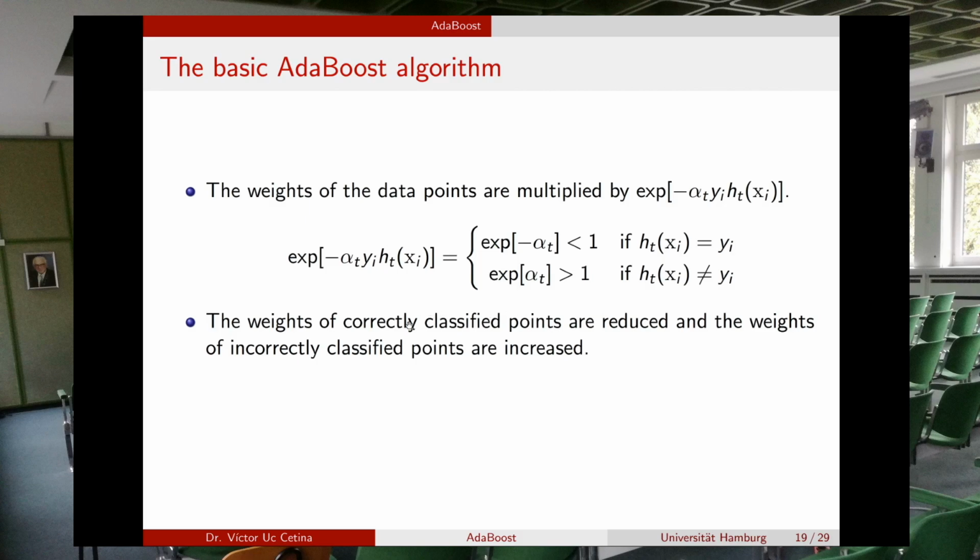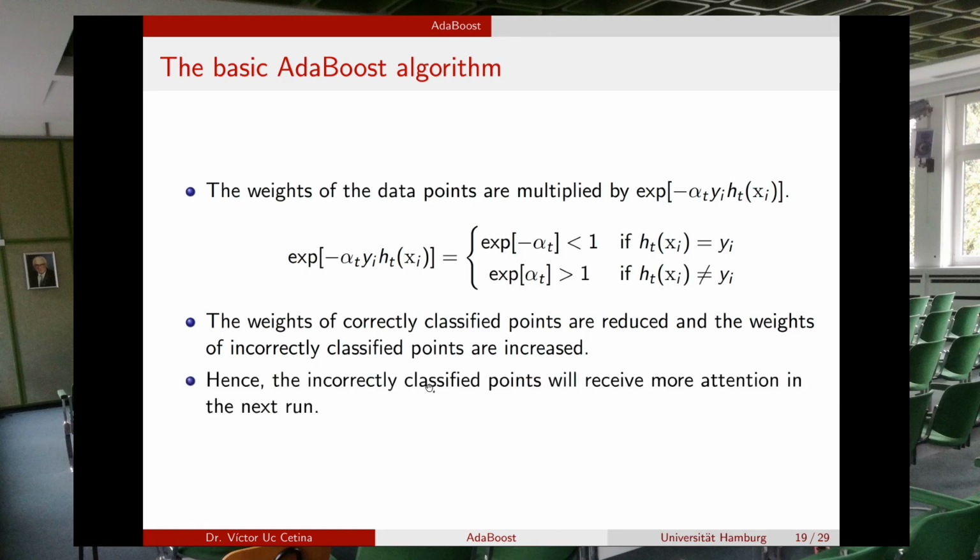So the weights of correctly classified points are reduced, and the weights of incorrectly classified points are increased. So incorrectly classified points will receive more attention in the next run.